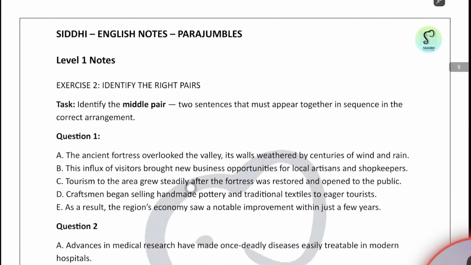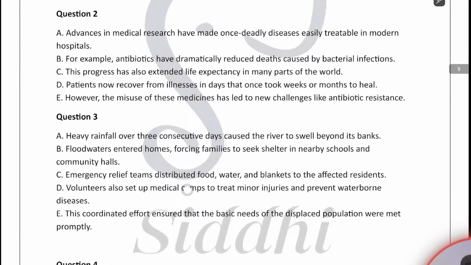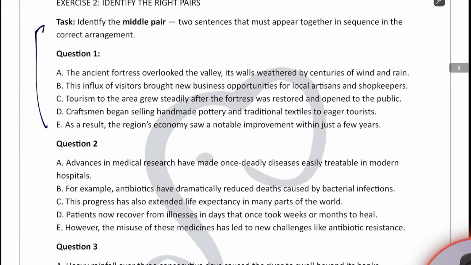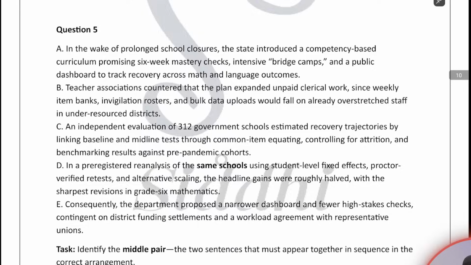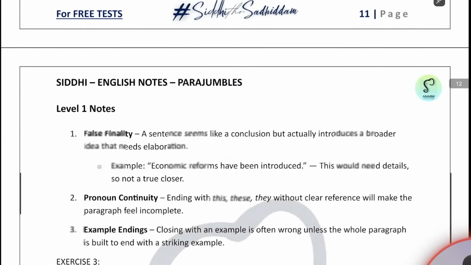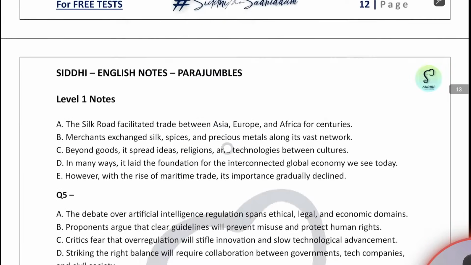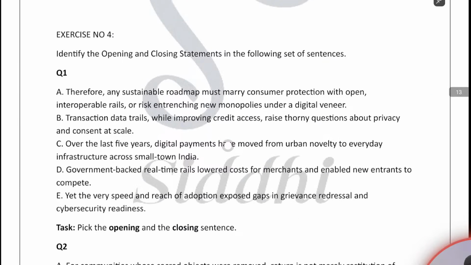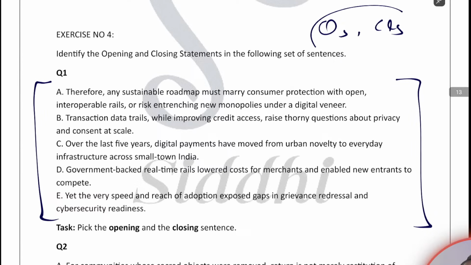So these are the techniques, and this is an exercise where you have to identify the right pairs, right? And then these are the exercises where you are identifying the closing sentences, and at every point you have lengthy questions. Now, in this exercise, in this question, pick me the opening sentence and closing sentence.